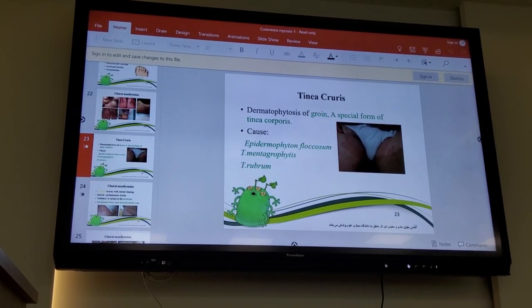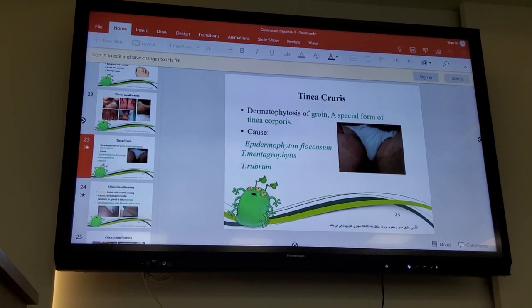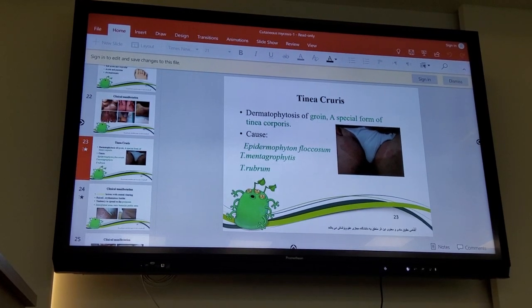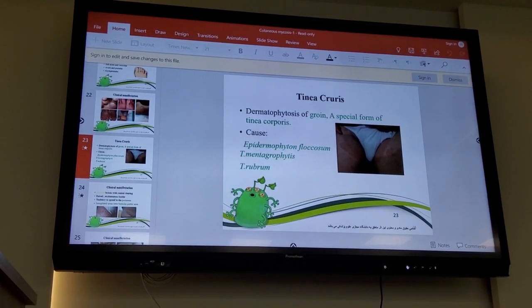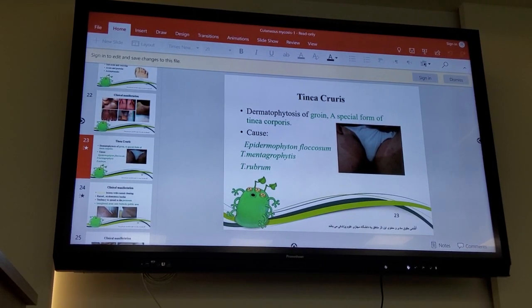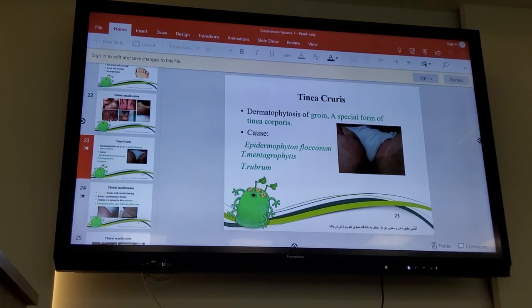Usually, the etiologic dermatophyte is Epidermophyton floccosum. You can find this dermatophyte isolated from media in the laboratory. Other species are Trichophyton mentagrophytes and Trichophyton rubrum. Usually you find this lesion in men compared to women.